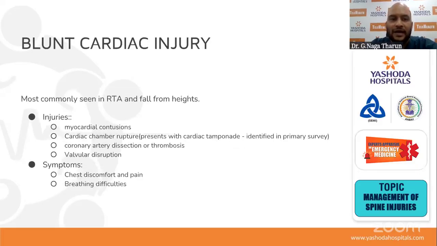Coming to the blunt cardiac injuries, they are most commonly seen in RTAs and falls from height. The injuries may be myocardial contusions, cardiac chamber rupture presenting with cardiac tamponade identified in the primary survey, coronary artery dissection or thrombosis, and valvular disruption. Symptoms in blunt cardiac trauma could be chest discomfort and pain, and breathing difficulties.